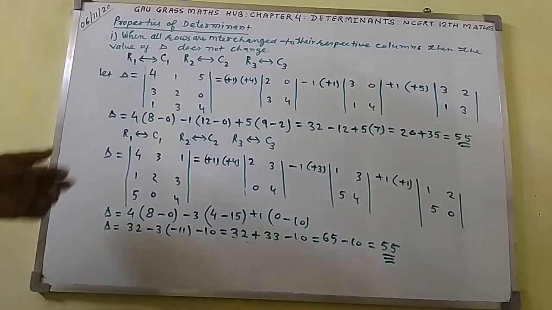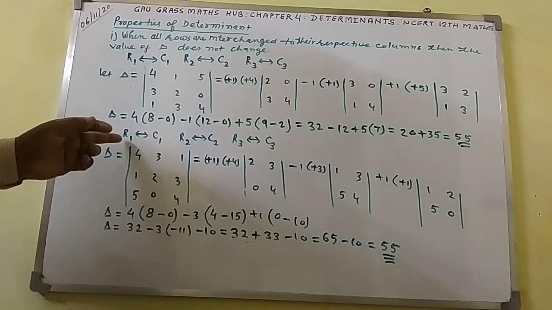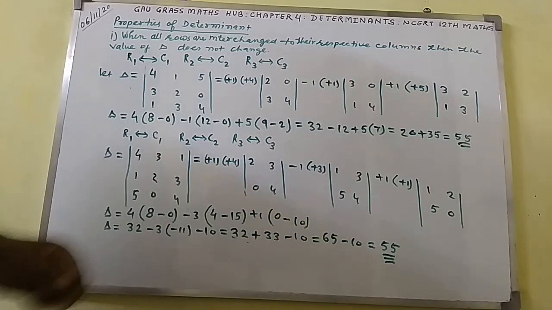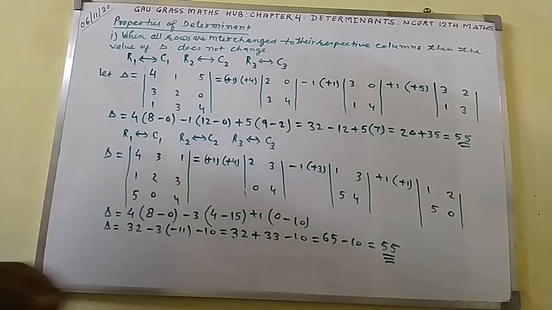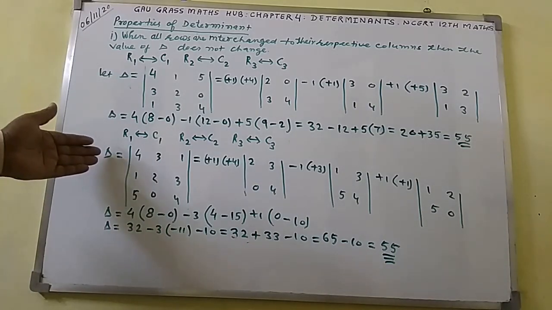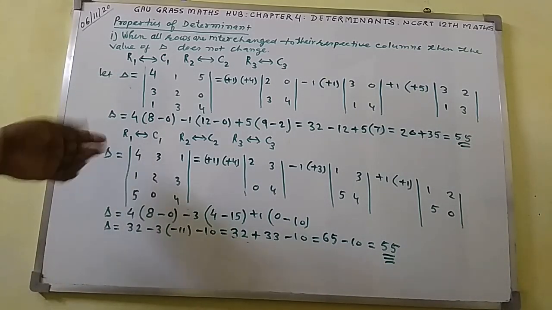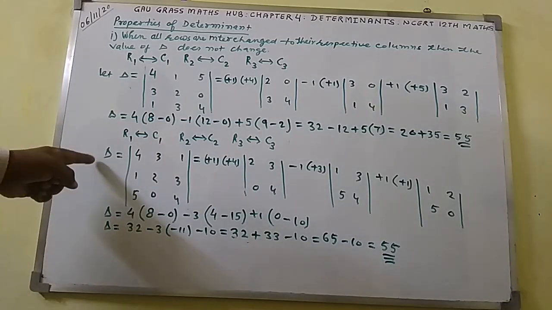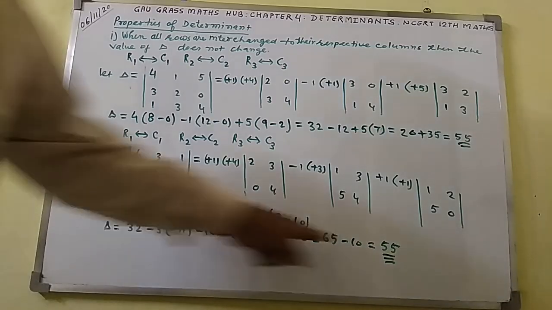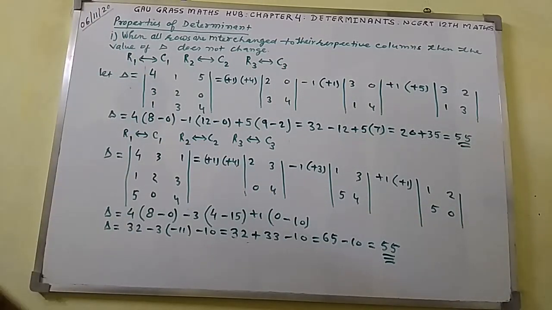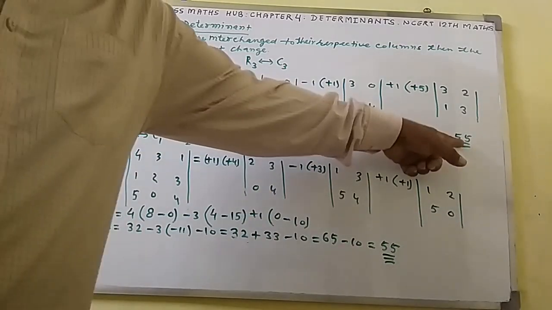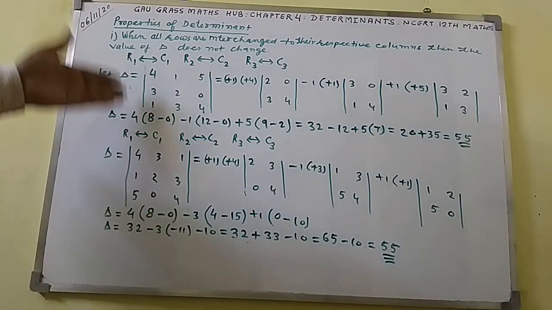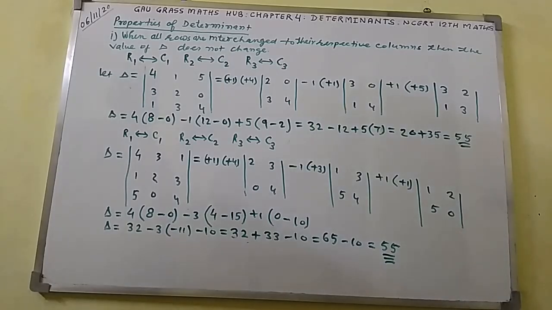After applying the properties R1 interchange to C1, R2 interchange to C2, and R3 interchange to C3, I have found a new determinant by applying all these properties. The value of the new determinant comes out to be 55. In both cases, you can see 55 is there, here 55 is there. This means that this property is easily verified.